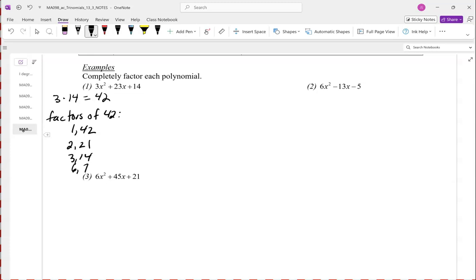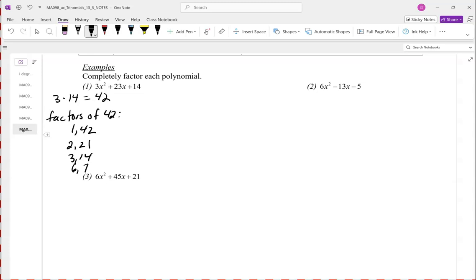Okay. All right. The plus on the 14 means what for us? They're both the same sign, and the plus here tells us that they are both positive. Okay. So I need the sum of these things to be what? What do we want these to add up to? 23, right?